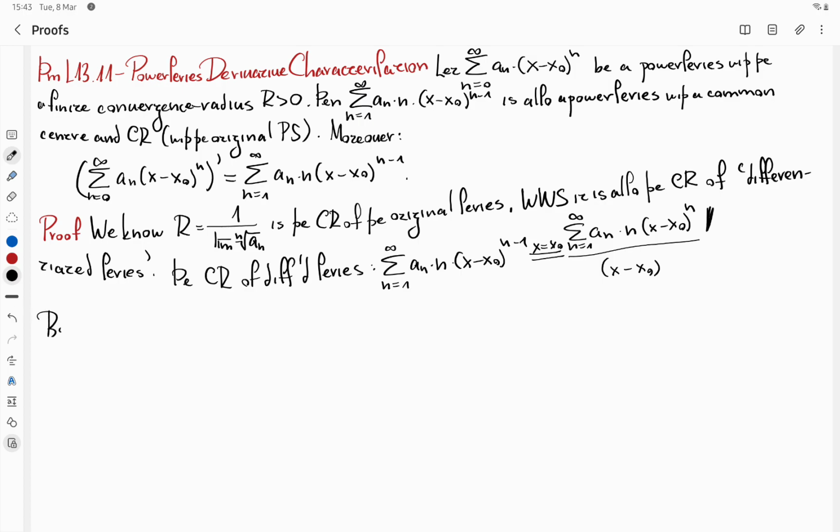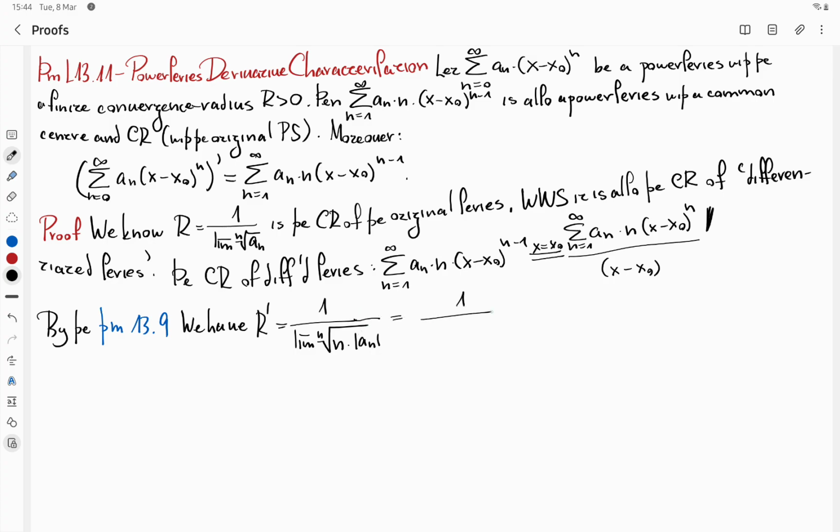So by, I really think it's Theorem 13.9, we have the radius, call it r prime, equal to 1 over the limit superior of the nth root of n times a_n, right?